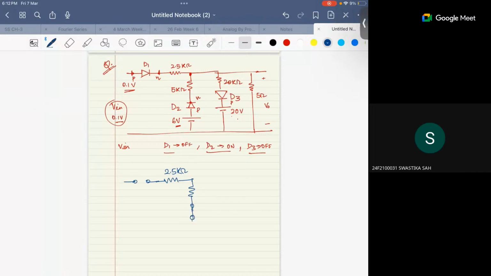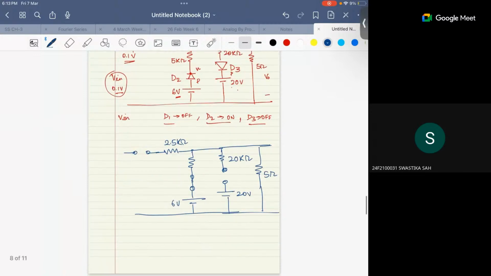So D2 is on, and then you have a voltage of 6 volt, and here also 20 kilo ohm, and then this is an open circuit, and then you have a potential of 20 volt, and then you have a resistance of 5 ohm, correct, and the potential across the 5 ohm is your output voltage, right?